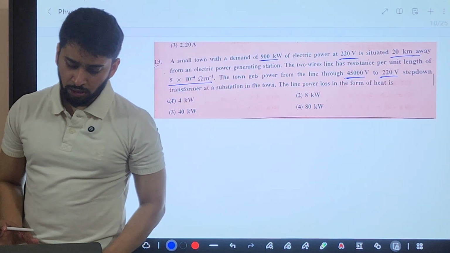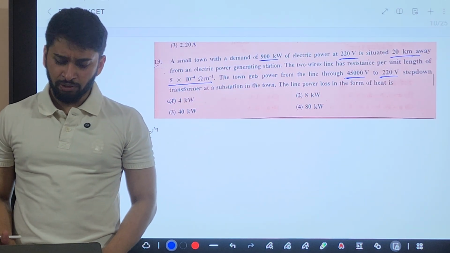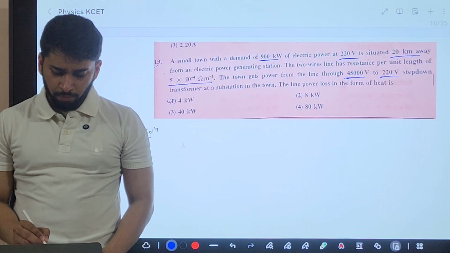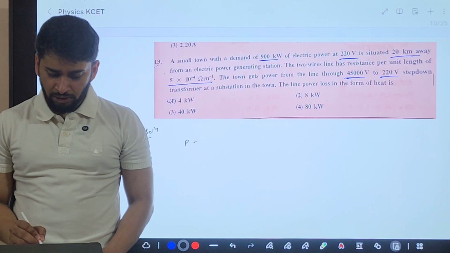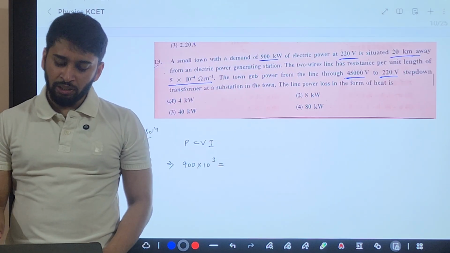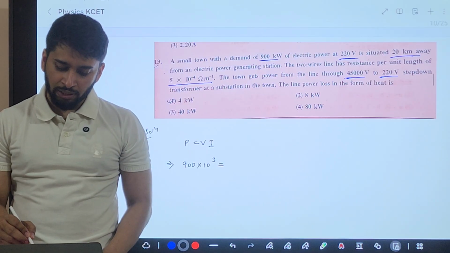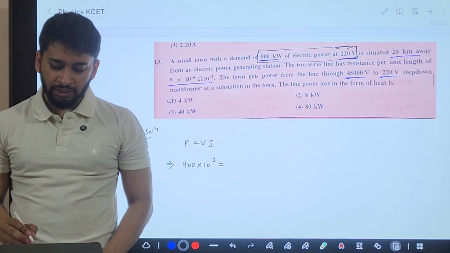Fine. So how much is the power? Power is 900 kilowatt, and power is V into I. So power is 900 into 10 to the power 3. This is the demand of 900 kilowatt at 220 volts.